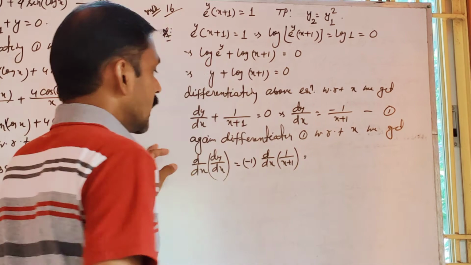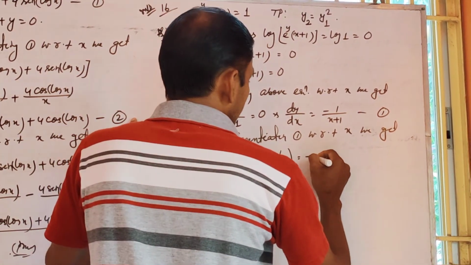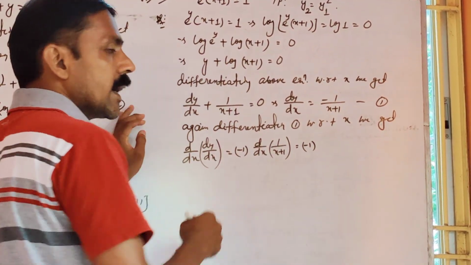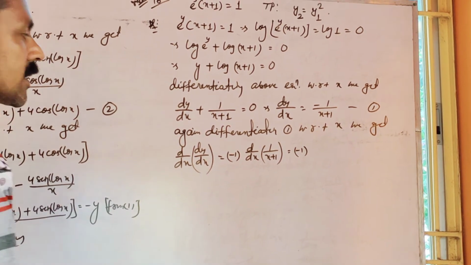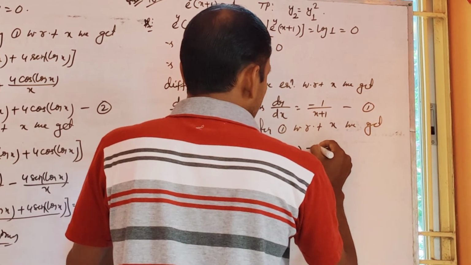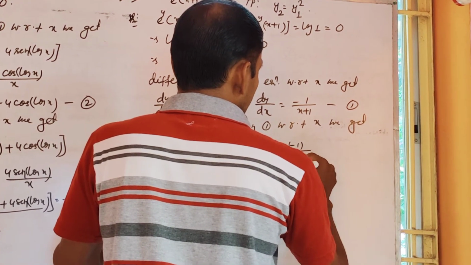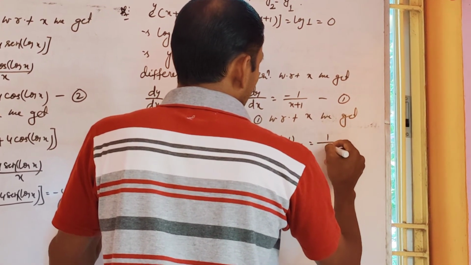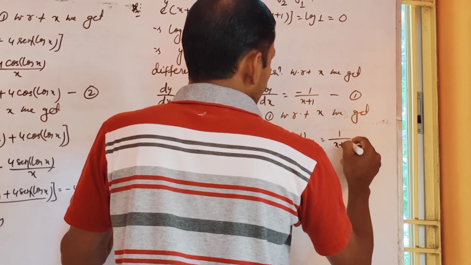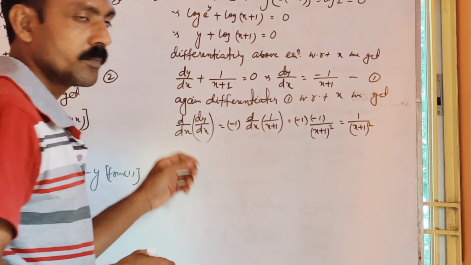So this is minus 1 into derivative of 1 by x, which is minus 1 by x square. So derivative of 1 by x plus 1 is minus 1 by x plus 1 whole square, that is 1 by x plus 1 whole square.